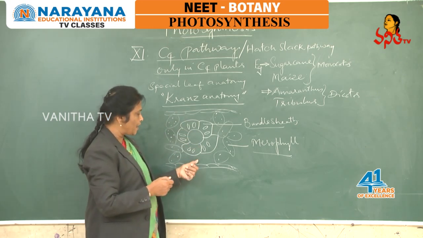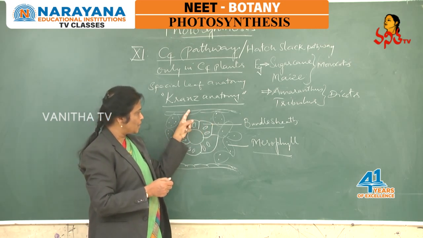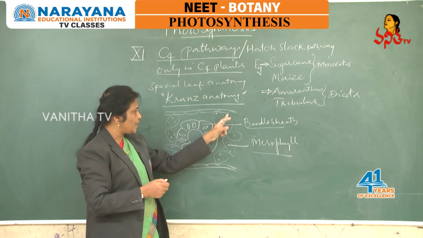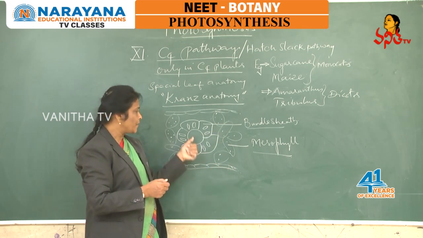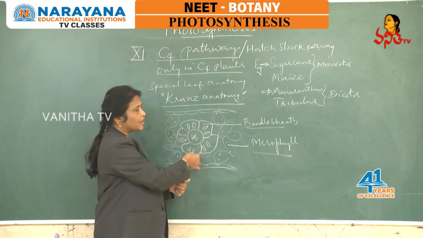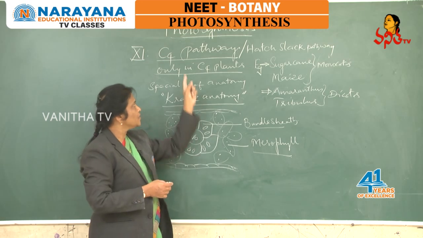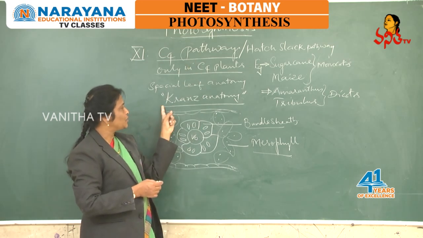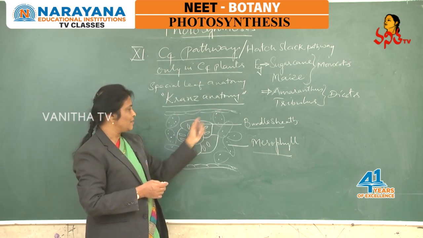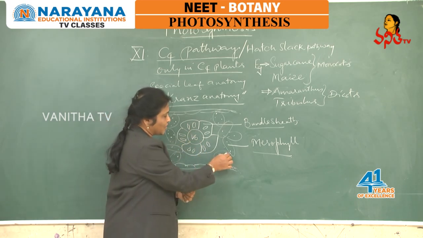Here is the leaf anatomy of a C4 plant that I displayed. We see the upper epidermis, lower epidermis, and in between the mesophyll area, and this is the vascular bundle, surrounded by the bundle sheath. As we focus on the bundle sheath and mesophyll of C4 plants that show Kranz anatomy, both bundle sheath cells and mesophyll cells bear chloroplasts.